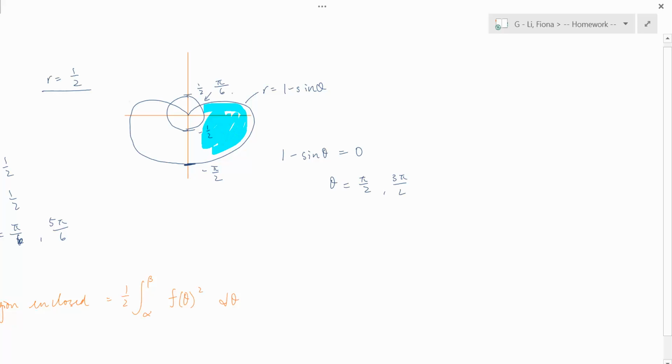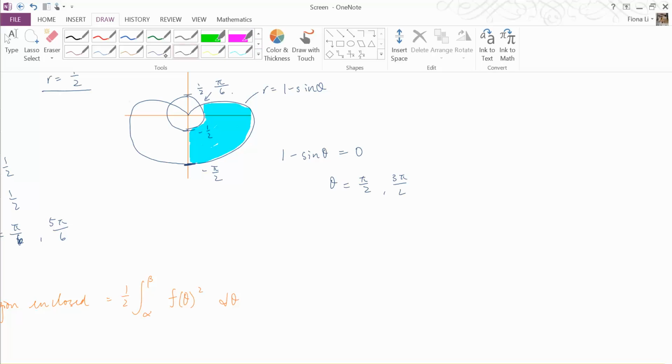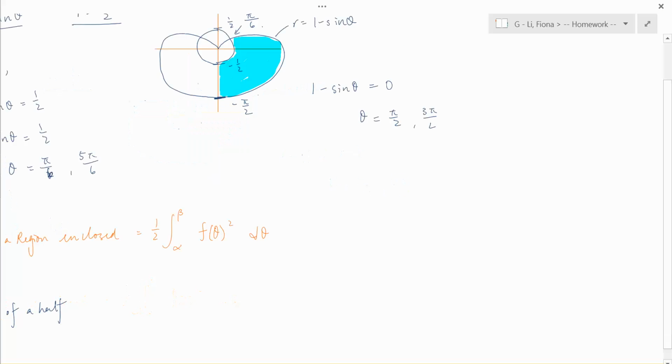Because going back to the question, we were asked to find the area inside the cardioid and outside the circle. And so what I just wrote of the equation is the area I just highlighted.